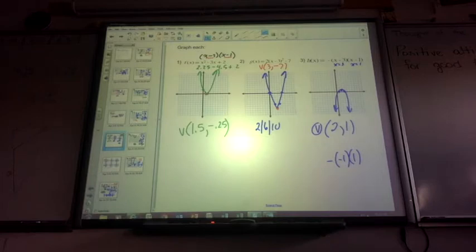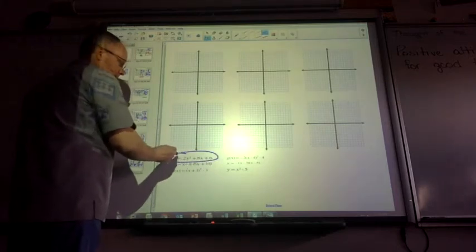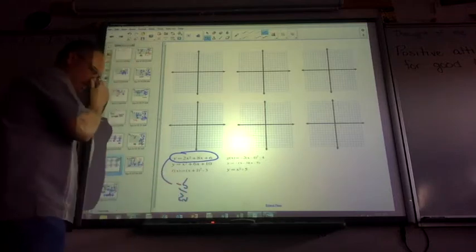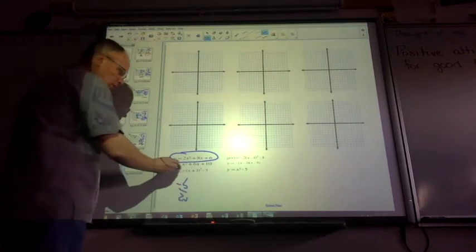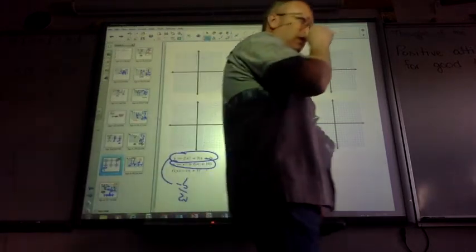All right, so that last page, this one right here, I would say I would use the negative b over 2a and plug in. Okay, I'd probably do the negative b over 2a on this one as well. Those are the only two I would probably do that one on.